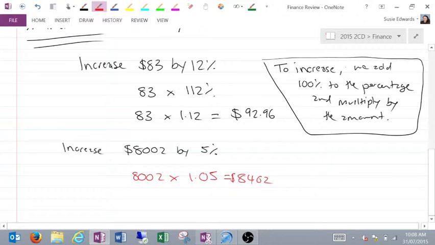Oh, what? 0.1. Question? All right. And because it's dollars and cents, what should I put on at the end? Also put a 0, because it's 10 cents. Okay? We don't really have 0.1 of a dollar. We have $8,402.10.